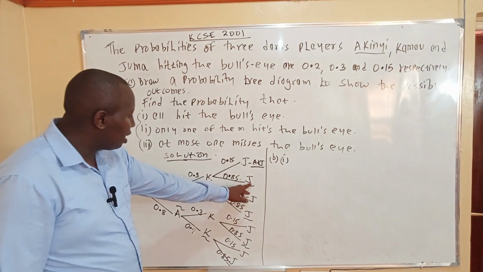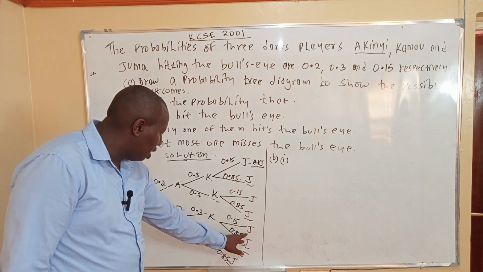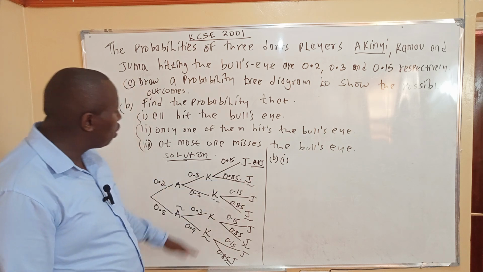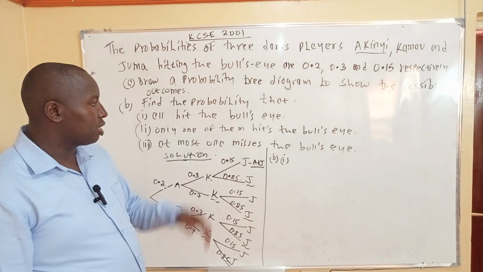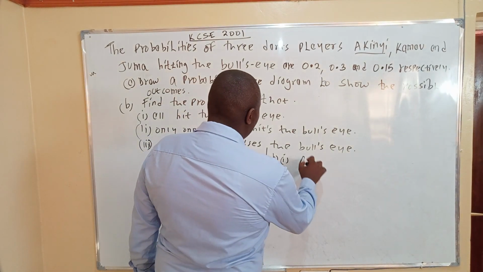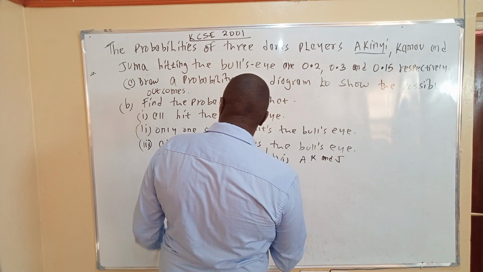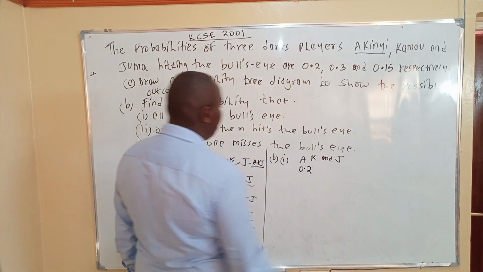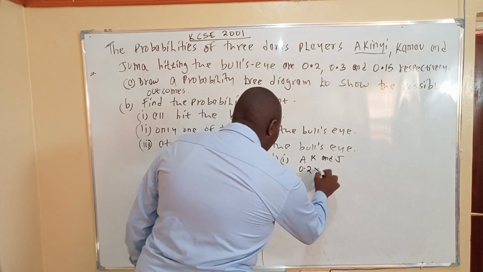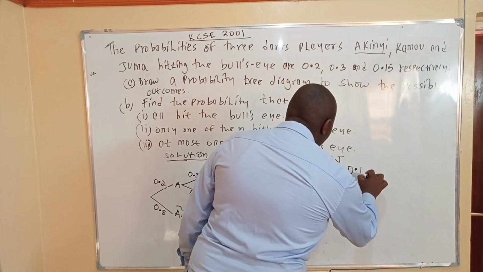In all the others, someone is missing: Akinyi is missing here, Kamau is missing here, Juma is missing here. So, in fact, we only have the first branch where all of them are hitting the bull's eye. So you take the probability of Akinyi hitting, 0.2, and Kamau hitting, and Juma hitting the bull's eye.